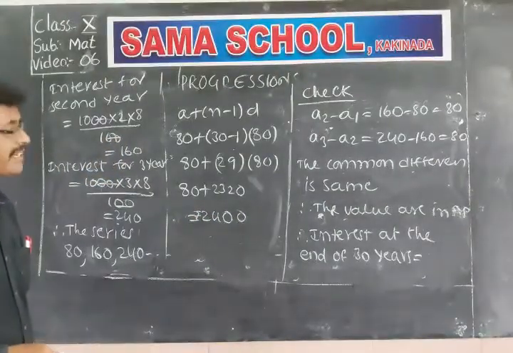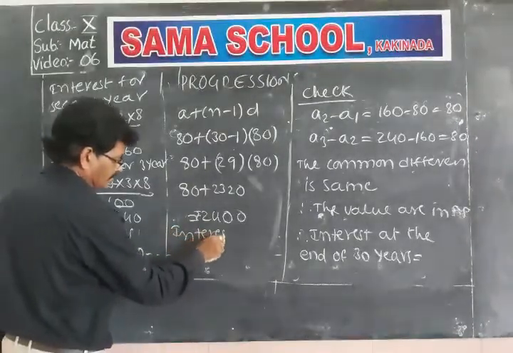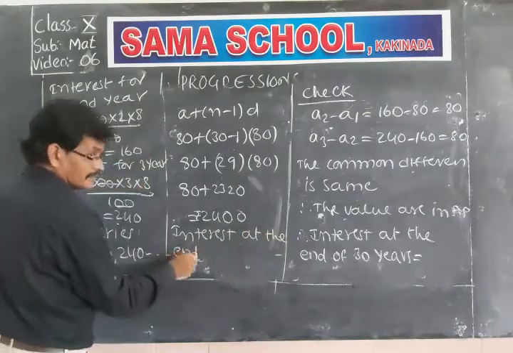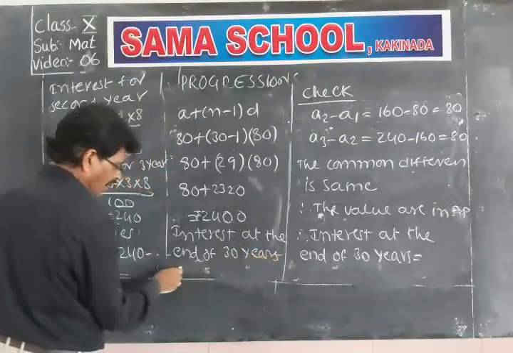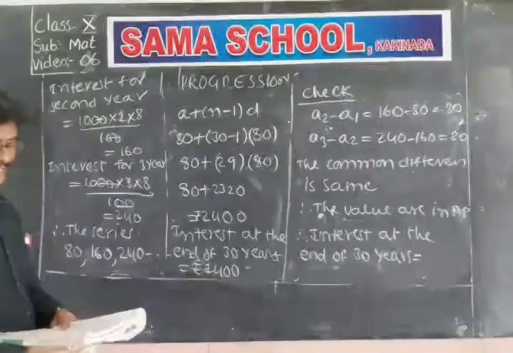Therefore, the interest at the end of 30 years is equal to rupees 2400. So like that we can find.